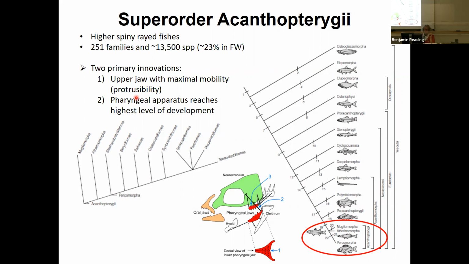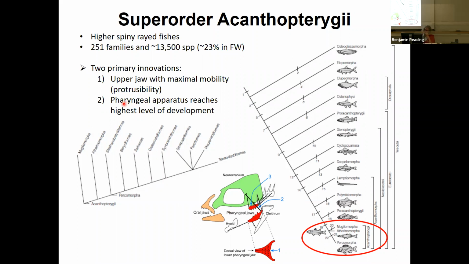And so let's add a little bit more sophistication to the jaw. Let's add some more features to it. So the upper jaw, again, this maxilla and premaxilla have maximum mobility and protrusibility. These things have the maximum ability to create negative vacuum pressure to pull stuff into the mouth and trap it.